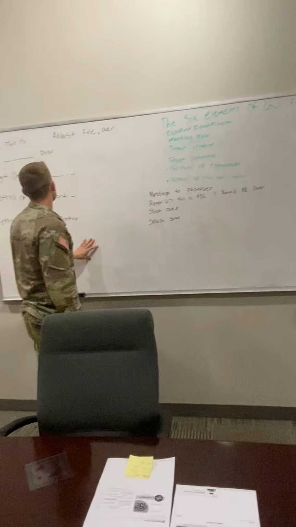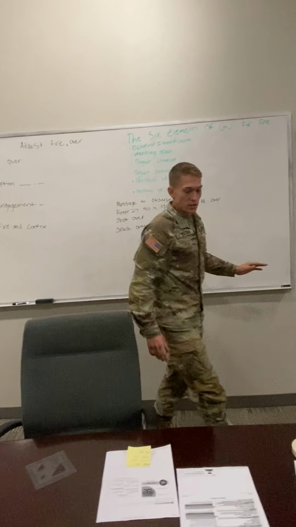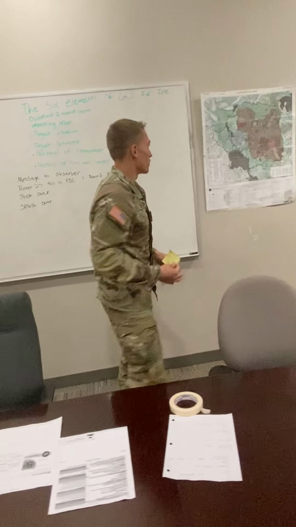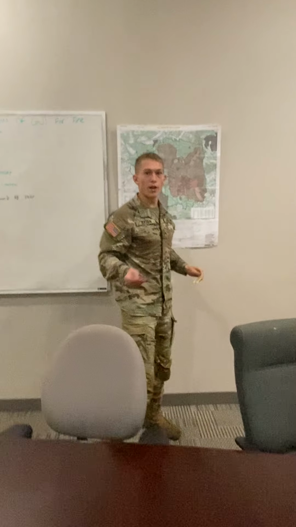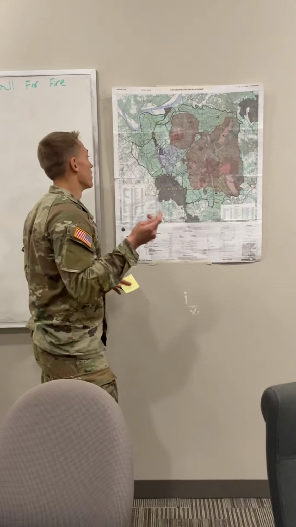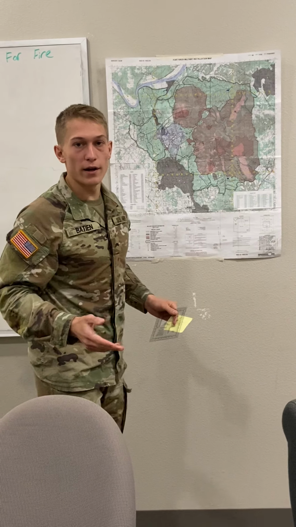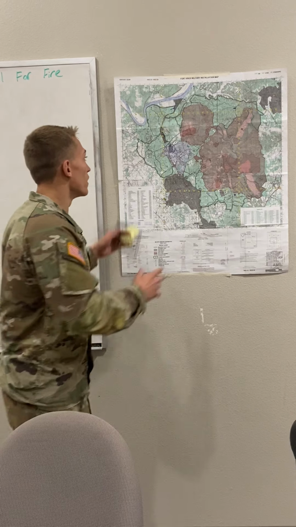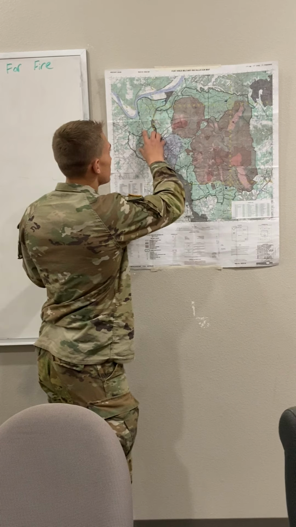So we're gonna move right into it. Using your map, you're gonna find your grids where you're at, right? When you're shooting a grid mission, you're gonna want to know where you are, and obviously you don't know where your enemy is, so you're gonna estimate it using terrain analysis. Using this map, I'd say I was at this tower.